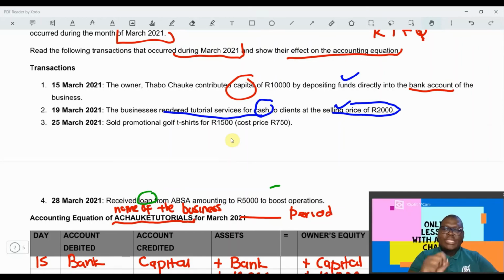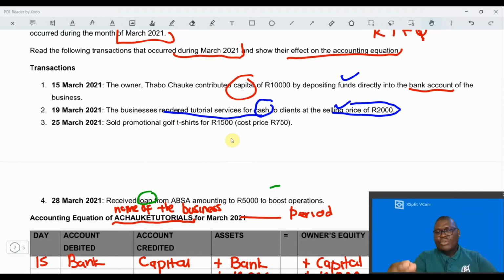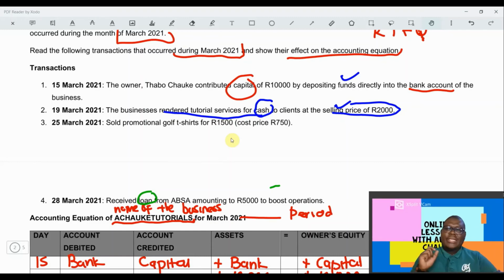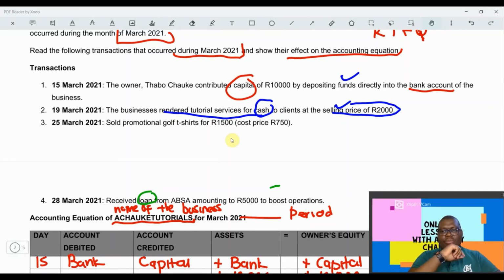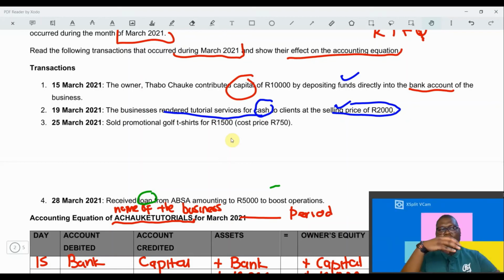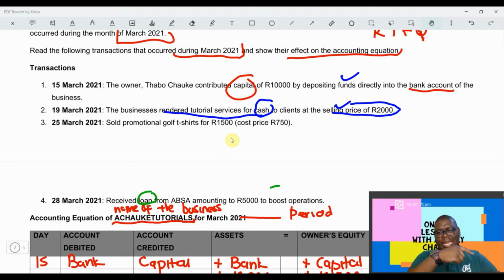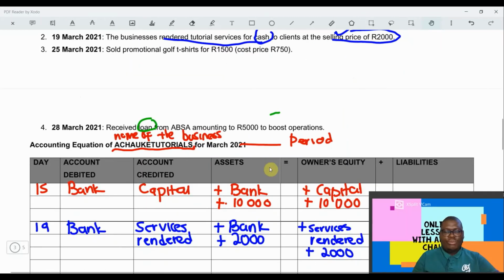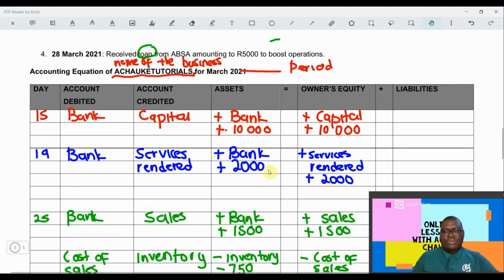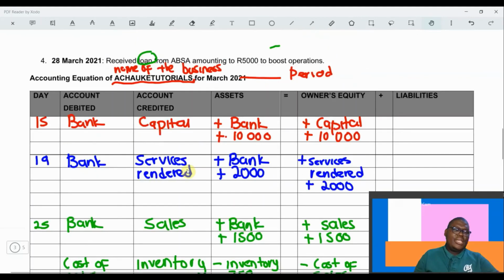So every time we receive money, it's recorded in the CRJ, and then from the CRJ, once we are done at the end of the day, we deposit into the bank. But in this case, remember, your bank lends you some money, so it means that they directly deposited the money into your bank account. So you just have to go and record in the CRJ to update your books. And then also in this case, we're just going to show the effects on the accounting equation.